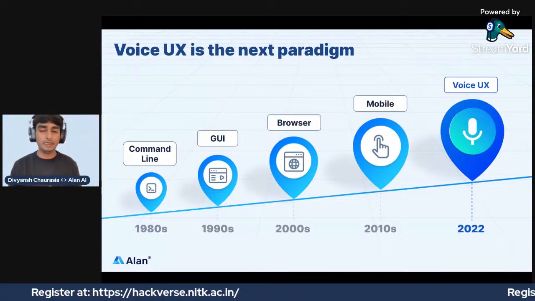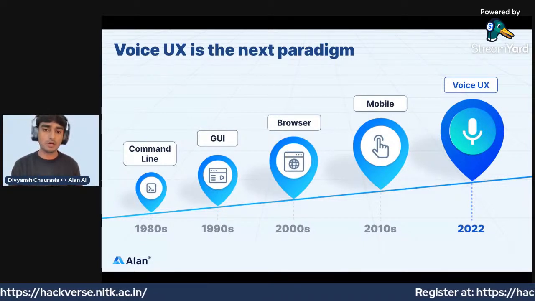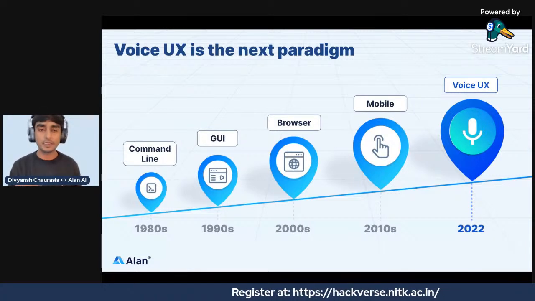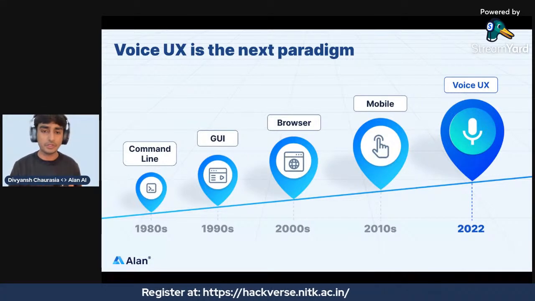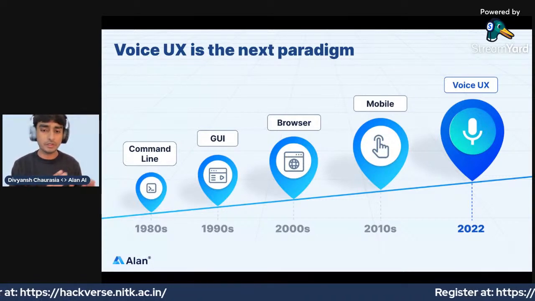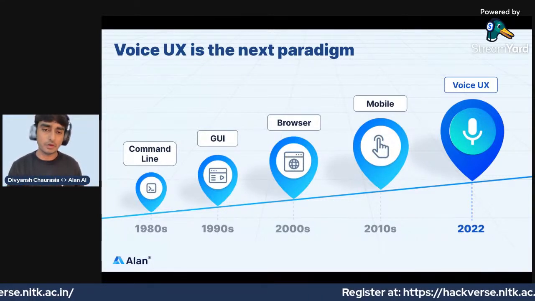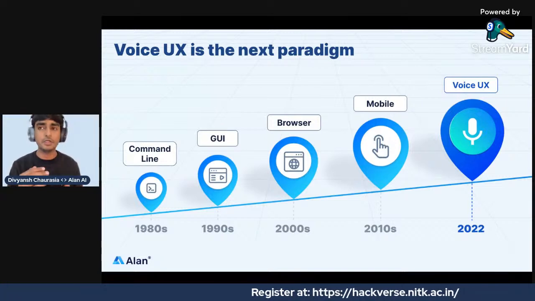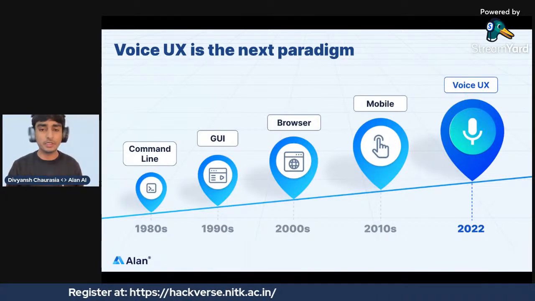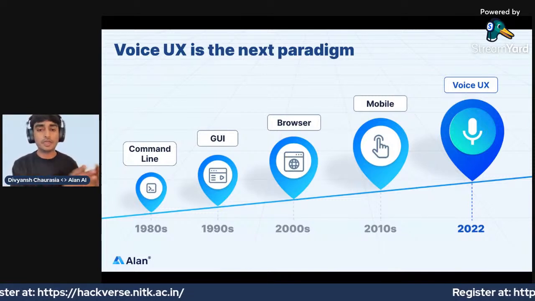But in the 1990s, with the Macintosh, we all got introduced to the GUI, and anyone could interact with computers and machines. It was the era of the 90s where we got introduced to the GUI, and that GUI made computers accessible, so that anyone can use them.